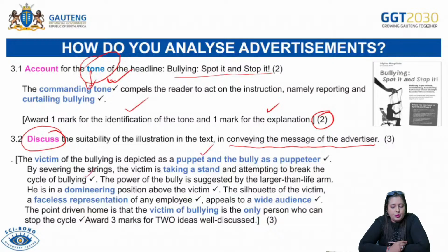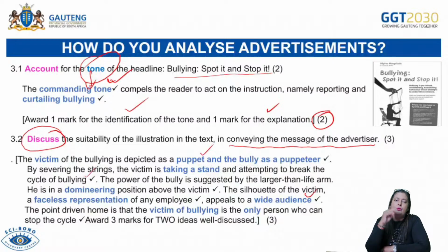The power of the bully is suggested by the larger-than-life arm, its domineering position above the victim. The silhouette of the victim, a faceless representation of an employee in this case, appeals to a wider audience. The point driven home is that the victim of bullying is the only person who can stop the cycle.